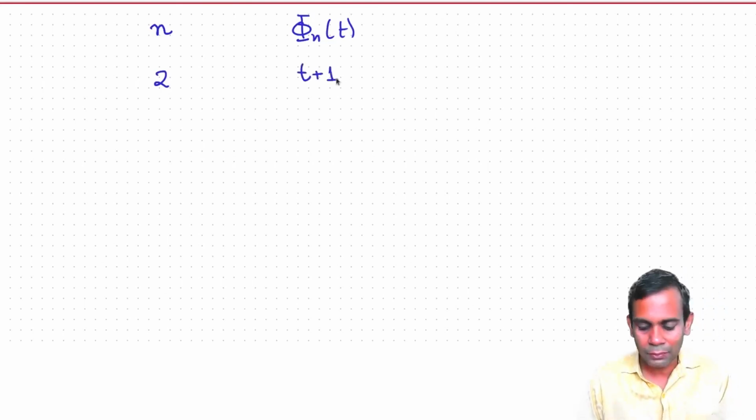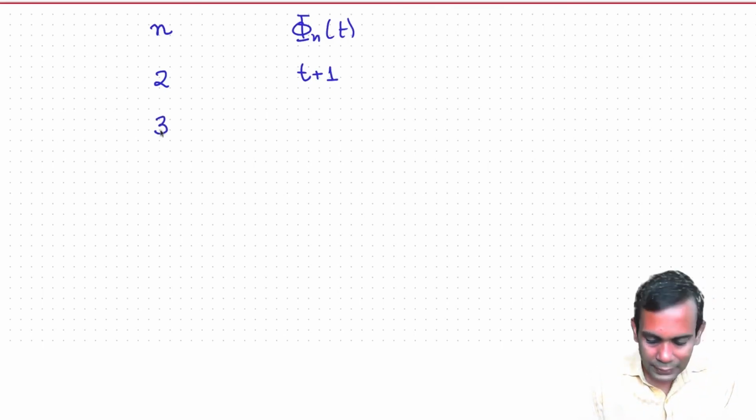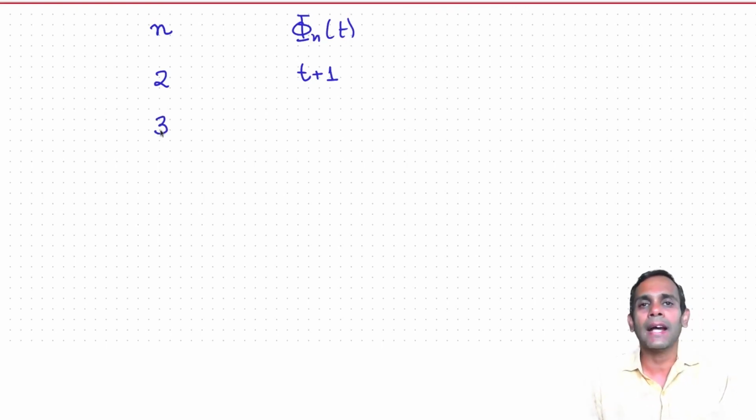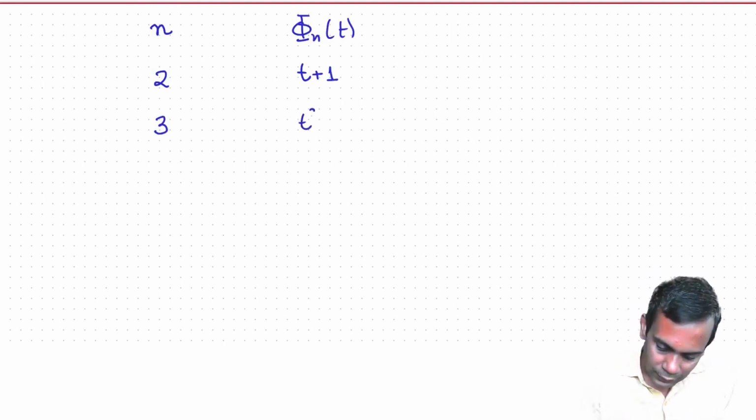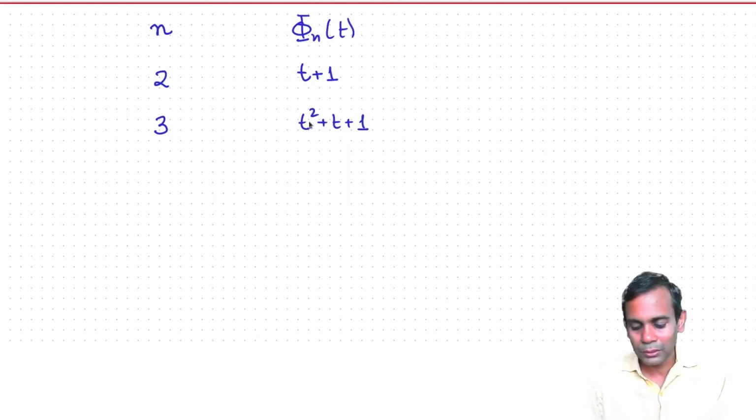Minus 1 is a root of the irreducible polynomial t + 1. If n equals 3, then we are looking at cube roots of unity, e^(2 pi i/3). These satisfy the equation t^2 + t + 1, which turns out to be irreducible over Q. It's a quadratic polynomial, so its irreducibility just means that there are no roots.